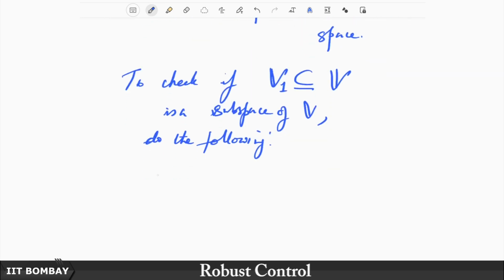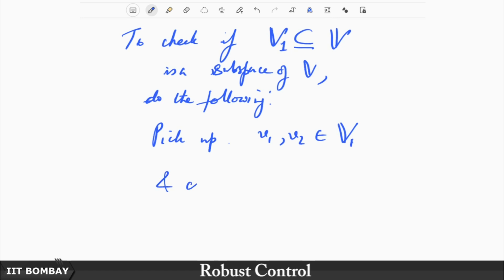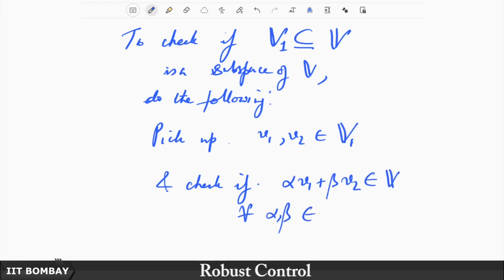Pick V1 and V2 belonging to this subset V1 and check if alpha V1 plus beta V2 belongs to V1 for all alpha, beta belonging to the field, which in our case is of course either real or complex, as the case may be.